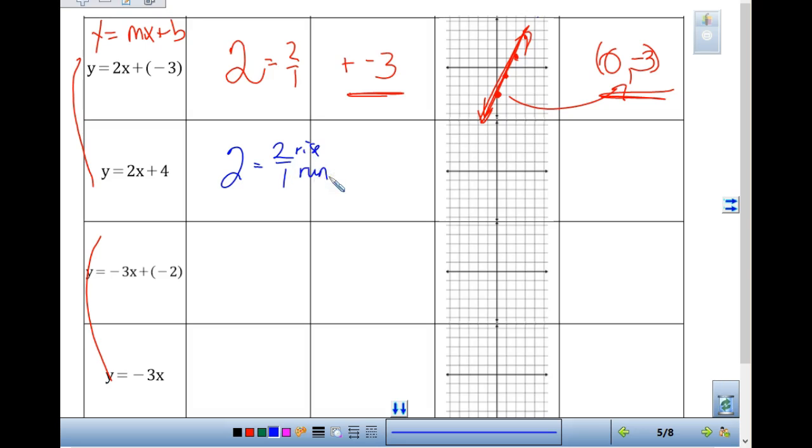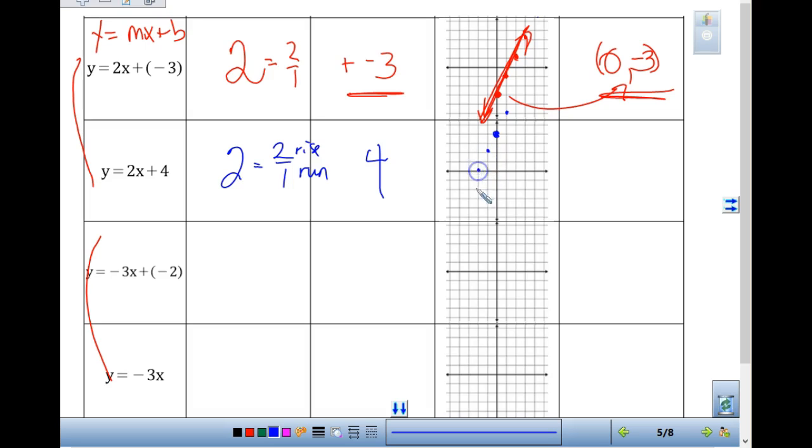As I looked at that, Nolan, what did we have for what was added? Plus 4. That means I need to see on your graph going up 1, 2, 3, 4. I can't really go up 2 and over 1 kind of on this graph, so I'm going to go down 2 and back 1.